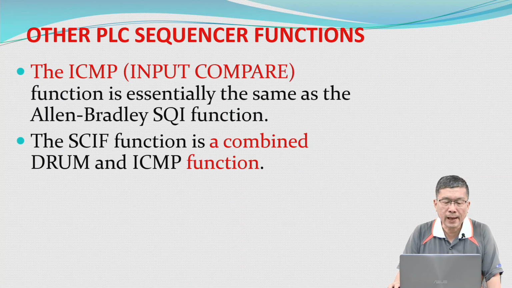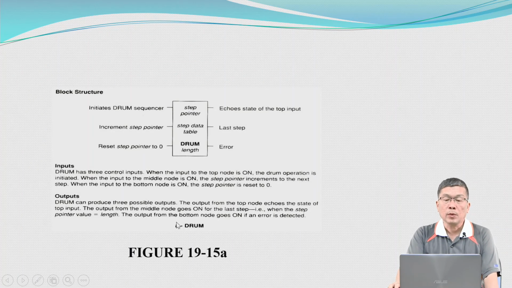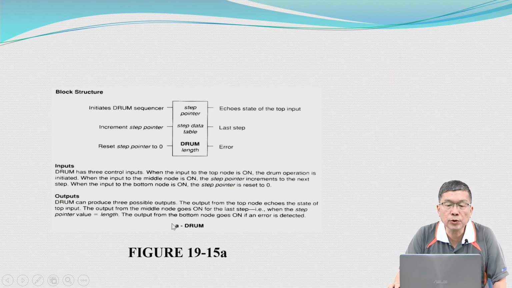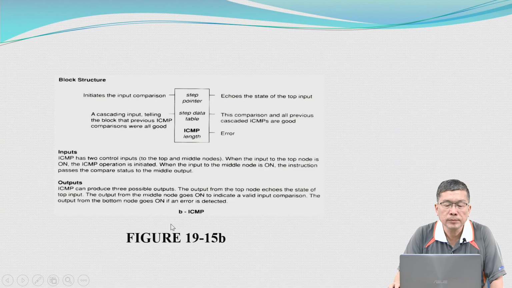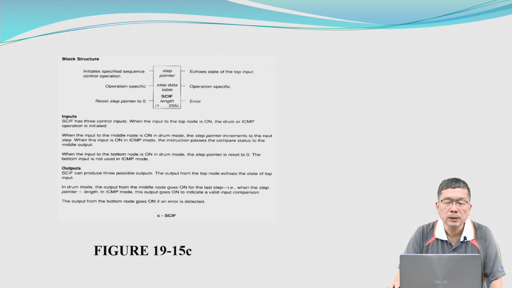The SCIF function is a combination of the drum and the ICMP functions. This picture shows the drum function. This picture shows the ICMP function. This picture shows the SCIF function.